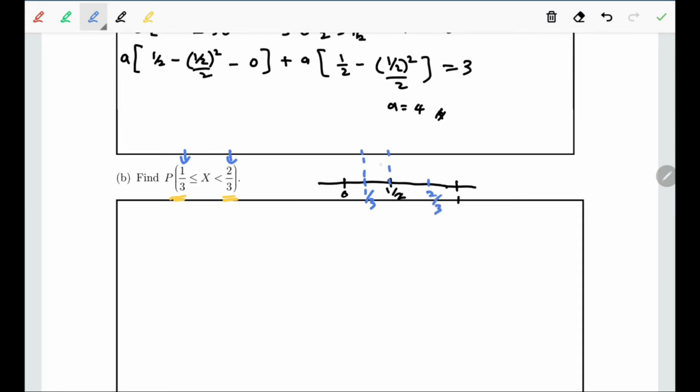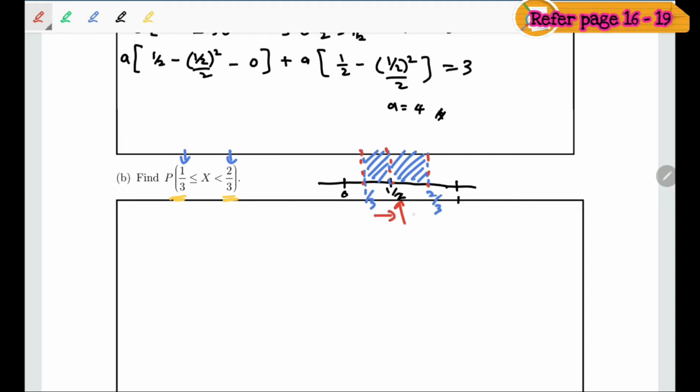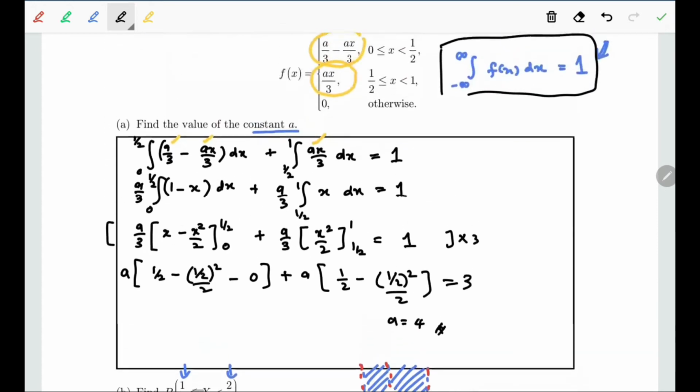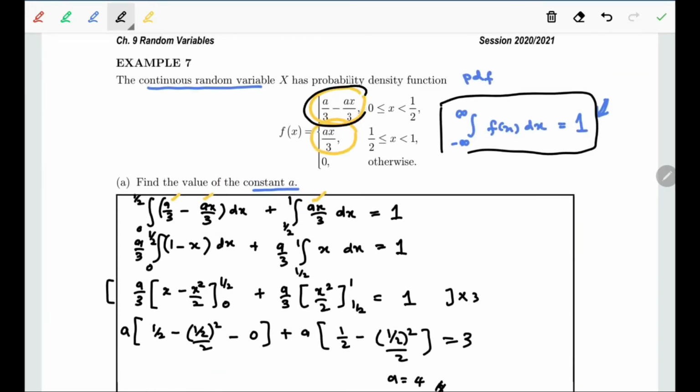So it means we have to find this area. All those areas are separated at this value, which means that from 1/3 to 1/2 we're going to integrate a different function from the other one. So we have to separate this into two integrations. We integrate from 1/3 until 1/2 for the first function, which is a/3 minus ax/3.